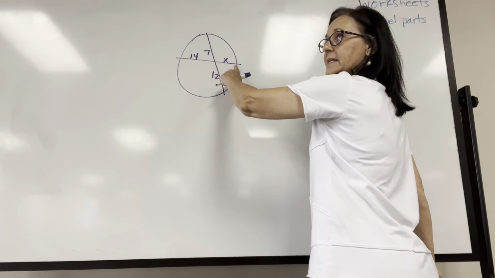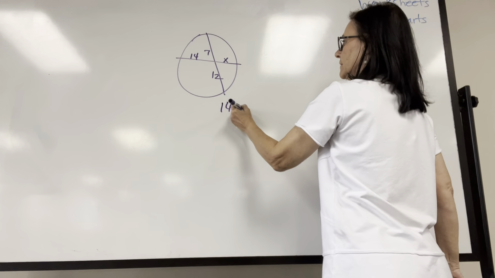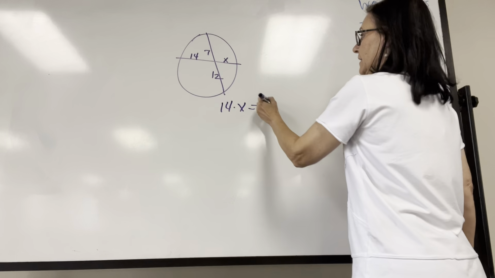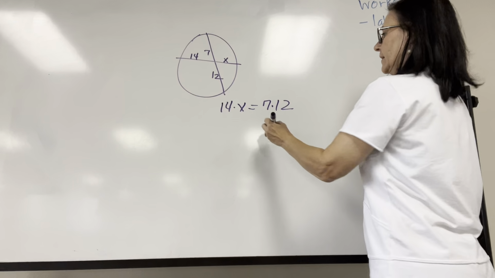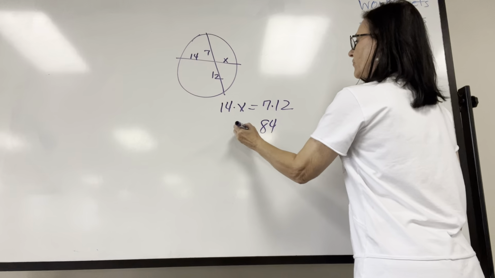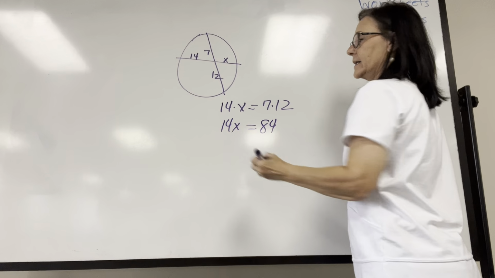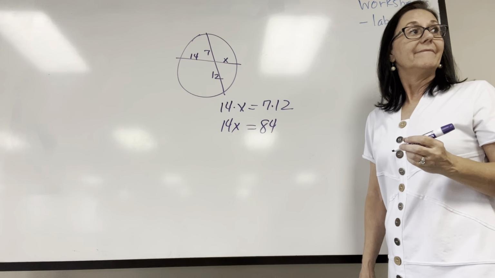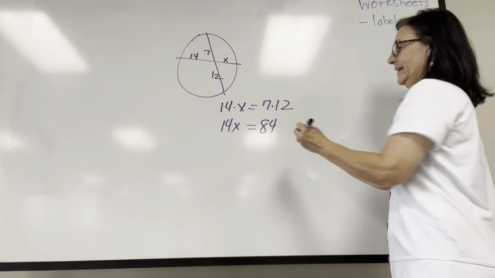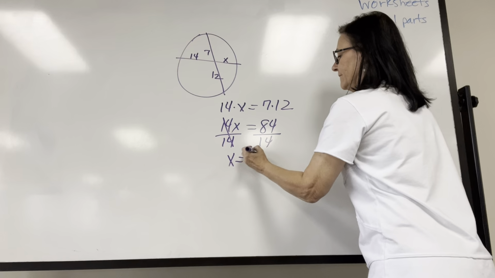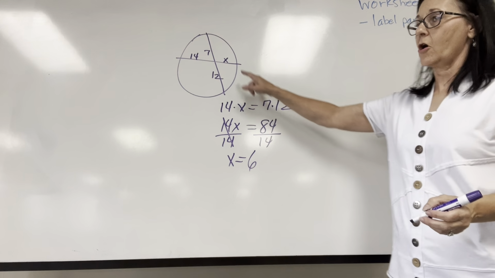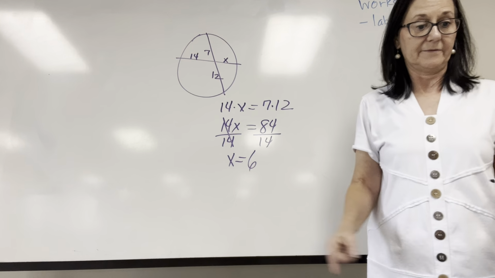So 14 times X must equal 7 times 12. What's 7 times 12? 84. So 84 equals 14X. How do I solve for X? You divide 84 by 14. And what is that? 6. X equals 6. You can solve for the length of a segment.